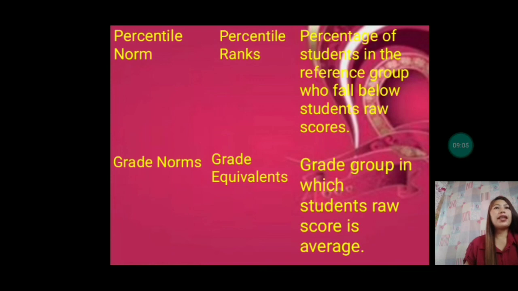The second one is percentile norm. Percentile ranks: percentage of students in the reference group who fall below students' raw scores. The third one is grade norms. Grade equivalence: grade group in which students' raw score is average.